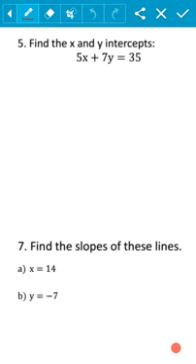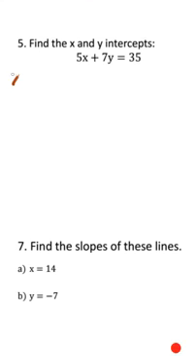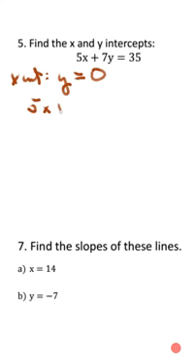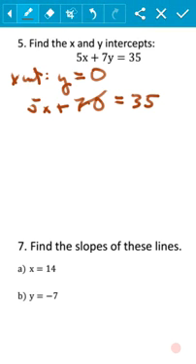To find the intercept for the x-axis, you set y equal to 0. And so for the x-intercept, y equals 0. So you have 5x plus 7 times 0 equals 35. 7 times 0 is 0.